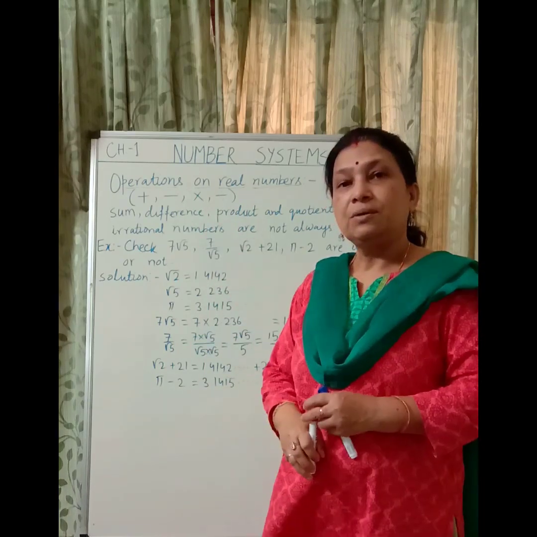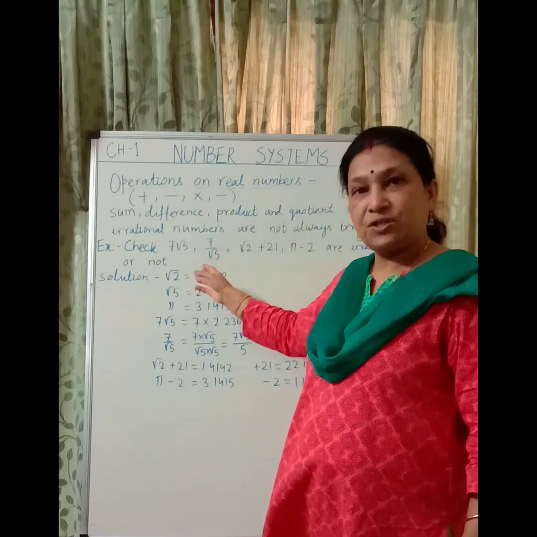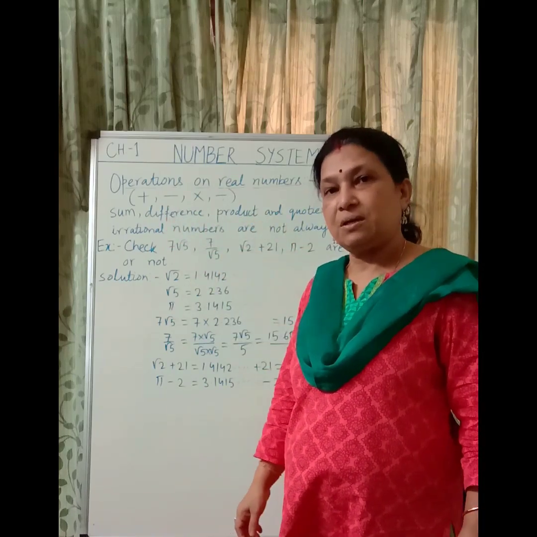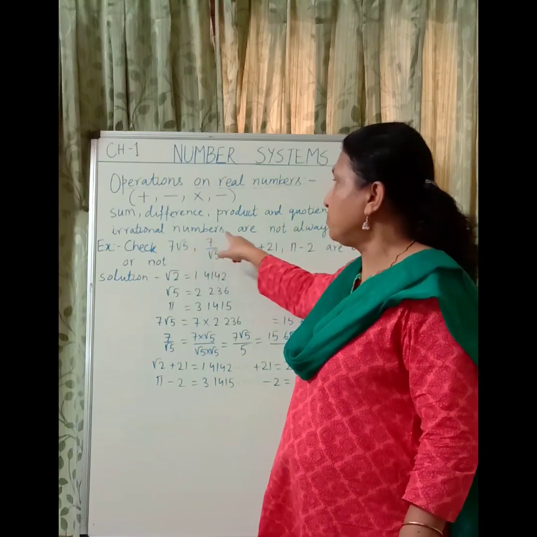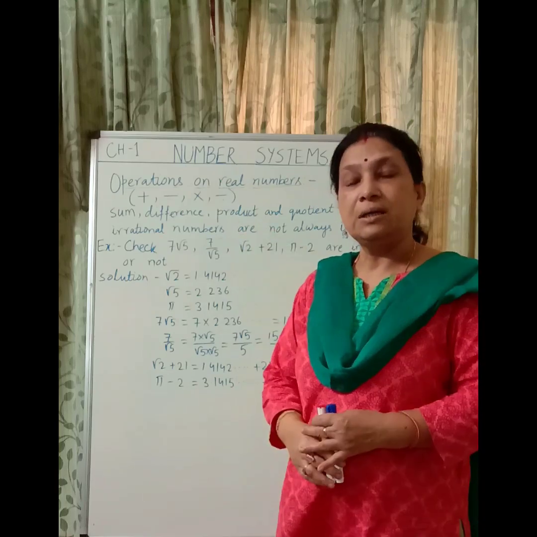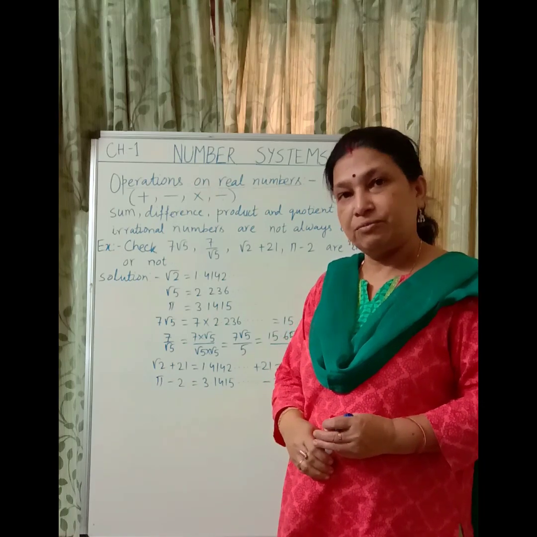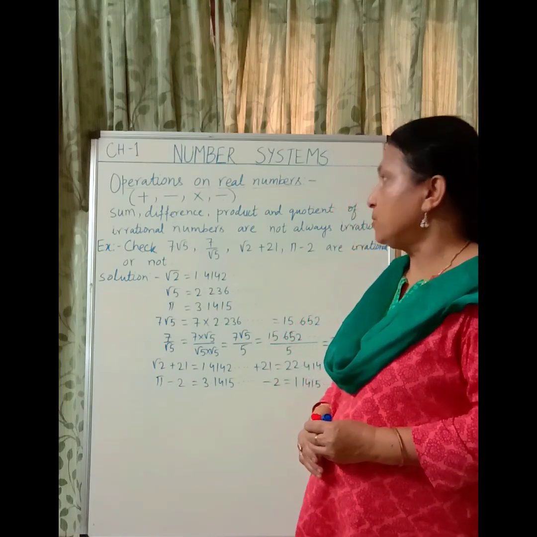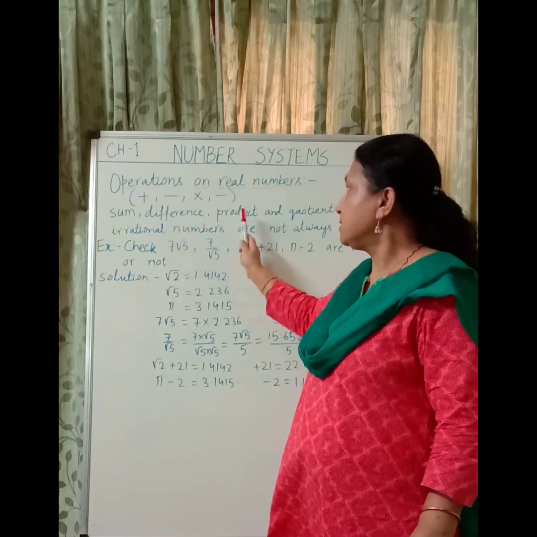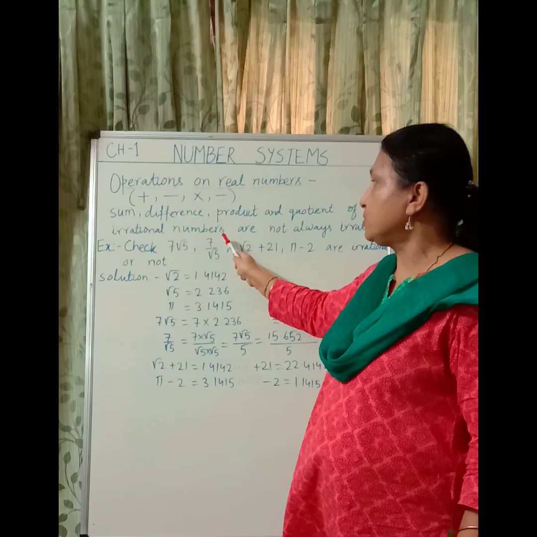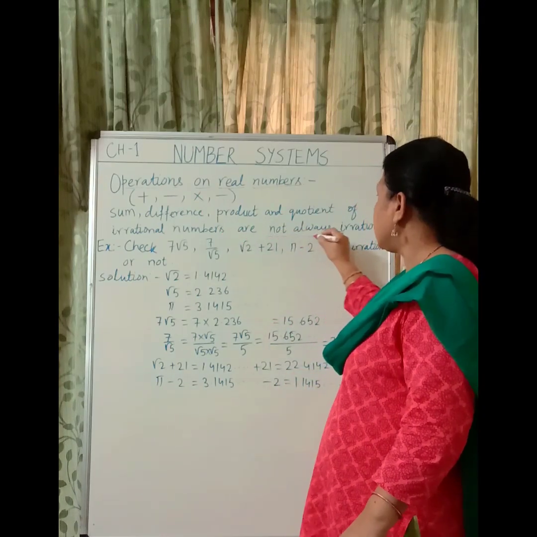As we know, the sum, difference, product and quotient of rational numbers are rational. But the irrational numbers are not closed under addition, subtraction, multiplication, division, as the sum, difference, product and quotient of irrational numbers are not always irrational.